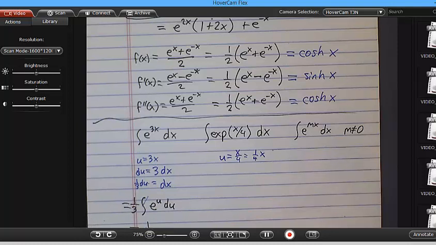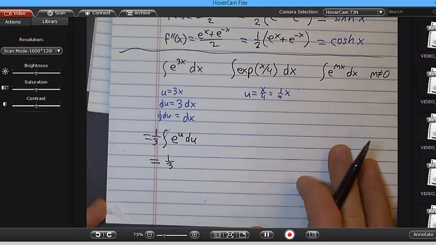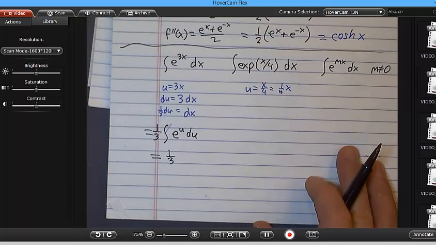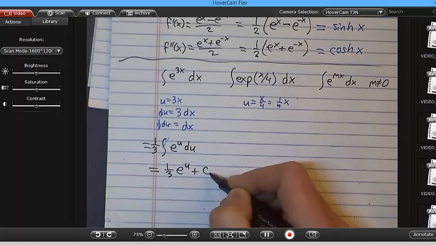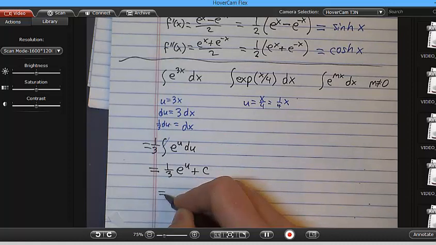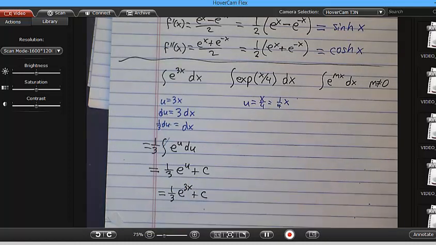You get 1/3 times the antiderivative of e to the u. Sure, e to the u, plus c. And so the answer to the first problem would be 1/3 e to the 3x plus c.